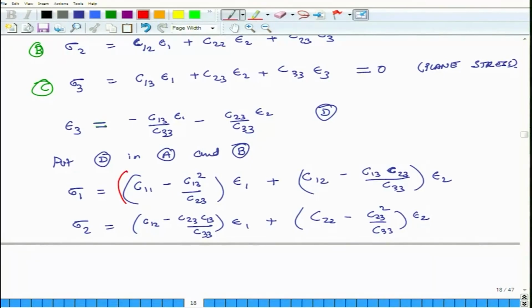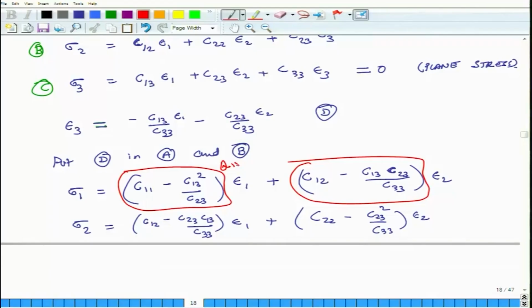Okay. We call this term Q11, and this term Q12, this is again Q12, and this term is called Q22.